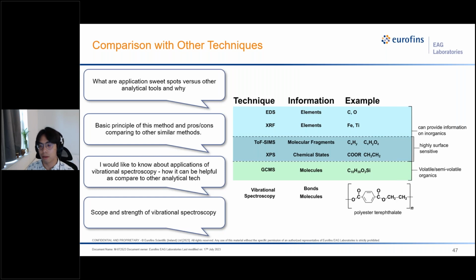So other techniques might give you insight on the elements that are present in your sample, and the inorganics, or rather some techniques might give molecular fragments or states, but we're really giving you insight into specific compounds or class of compounds using vibrational spectroscopy. So if you want to nail down exactly what type of polymer or the closest class of polymer is in this material, vibrational spectroscopy is one of the strongest methods that you can use for that.